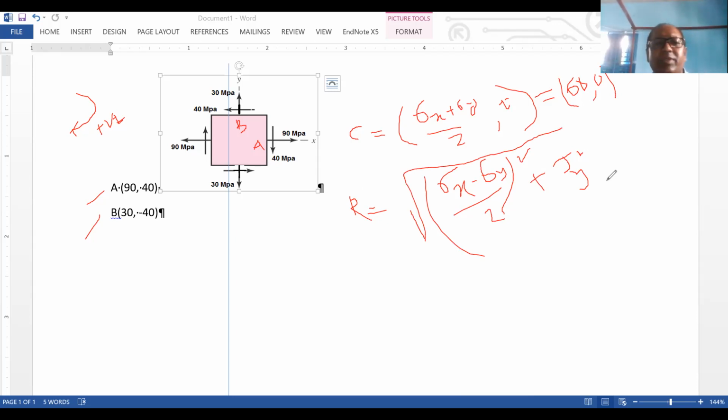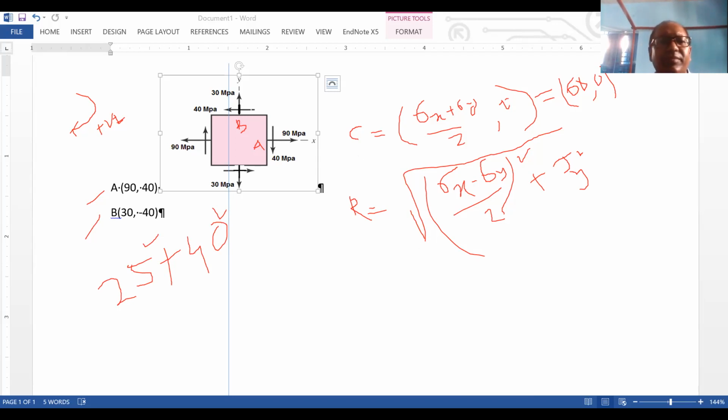So this value, sigma x is 90 minus 40, so 50. 50 by 2, that means 25, right? 25 squared plus tau, which is 40 squared. How much is this value? Can anyone tell me what the radius of the circle will be?